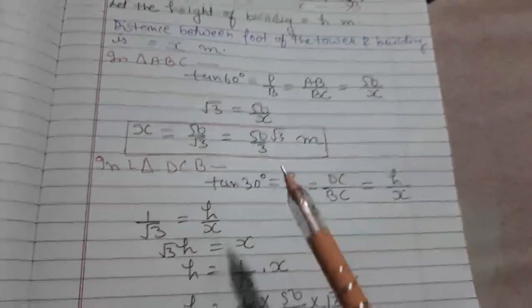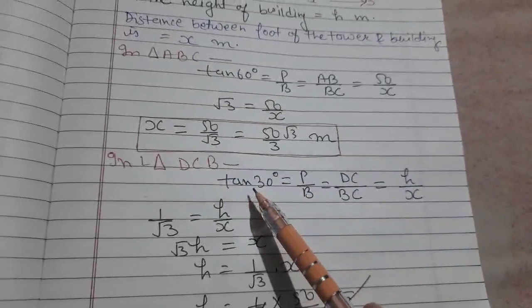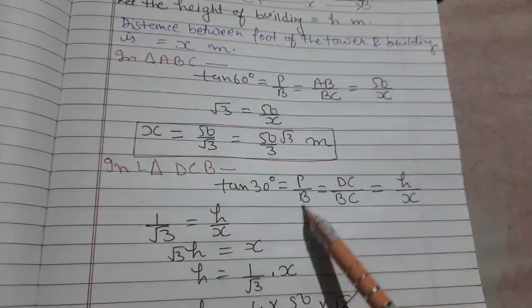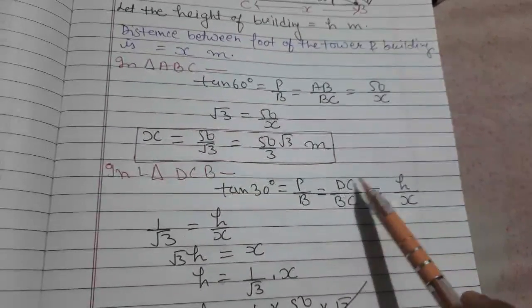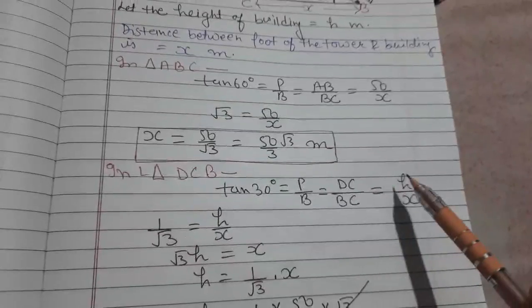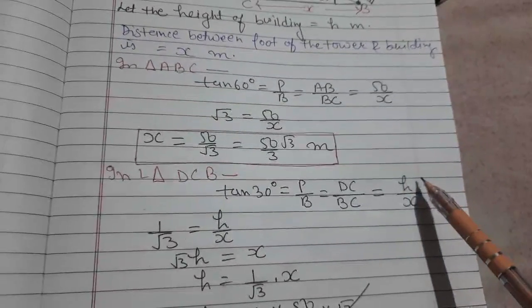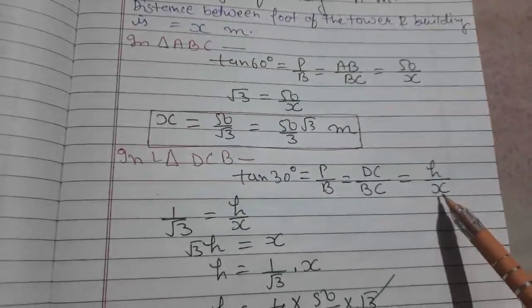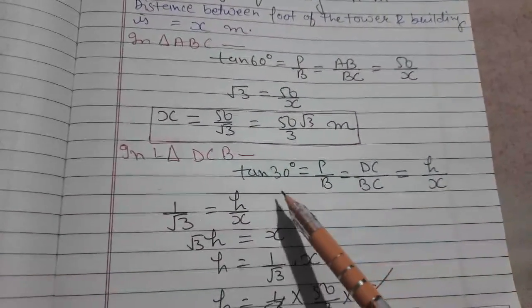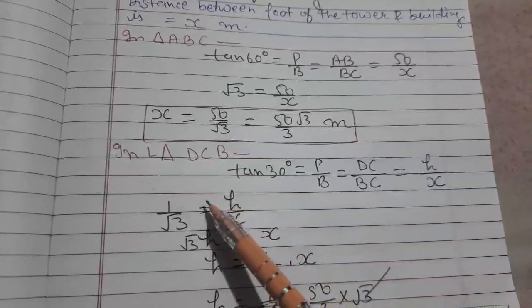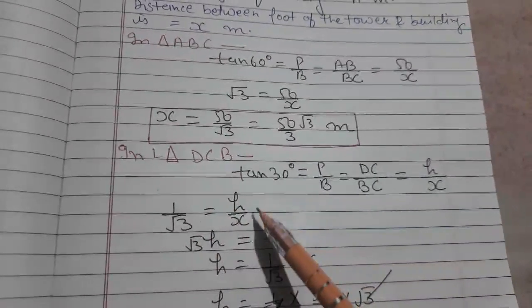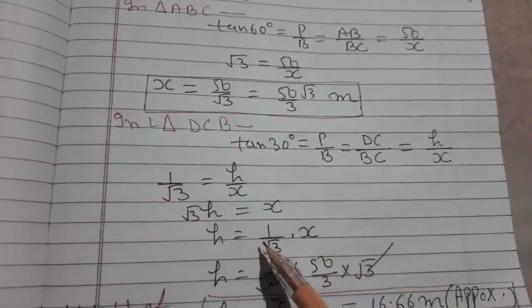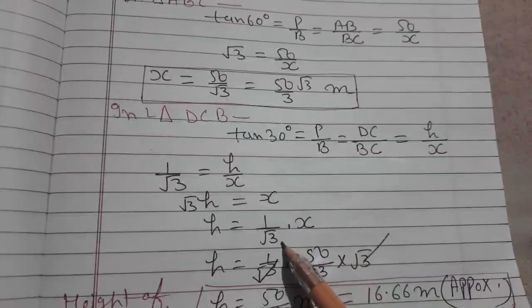Now tan 30 degrees is perpendicular upon base. Here the perpendicular is DC and the base is BC, the same. We consider the height of the building as h and the base as x. So tan 30 degrees is 1 upon root 3, equal to h upon x. Cross multiplying, h equals 1 upon root 3 into x.